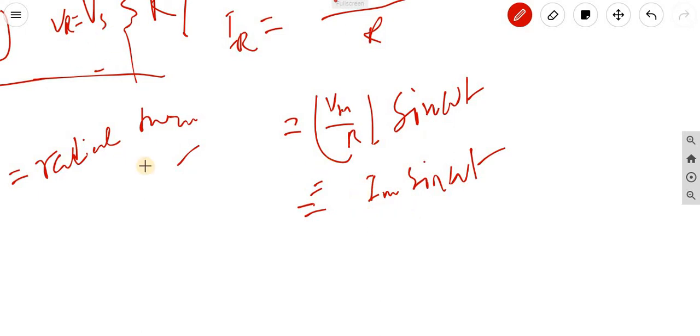The supply voltage and the voltage across the resistance are the same, VR equal to Vm sin omega t. Clear?